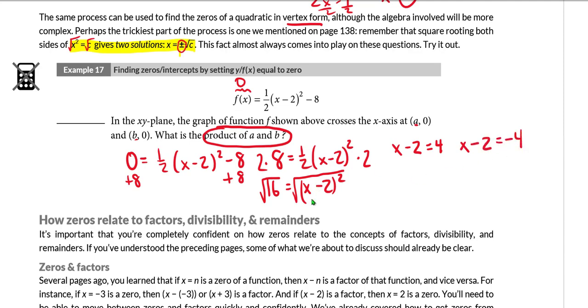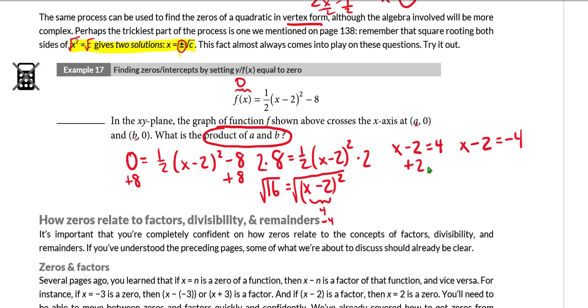And that is because if what is in here is 4, well, 4 squared would give us that 16. If what is in these parentheses is negative 4, well, negative 4 times itself, negative 4 squared, would also give us 16. So the two relevant equations here are x minus 2 equals 4 and x minus 2 equals negative 4.